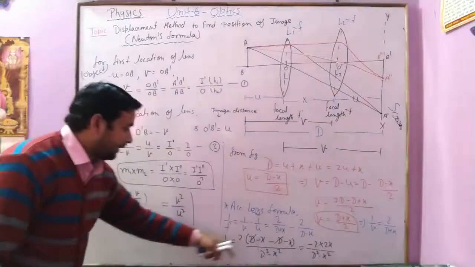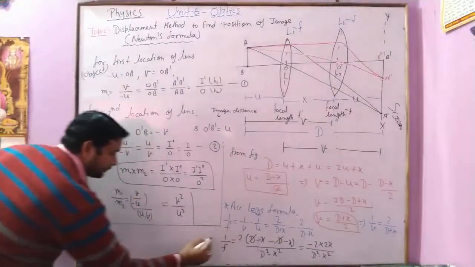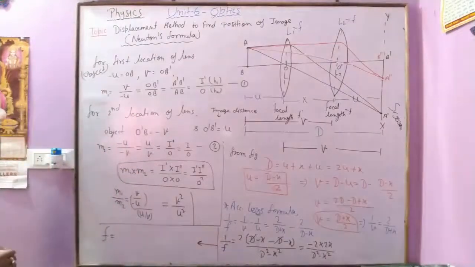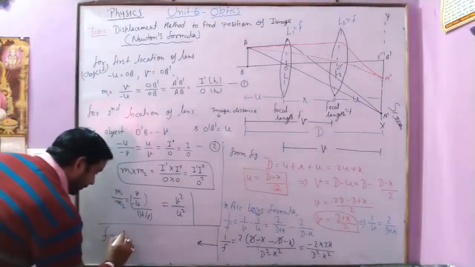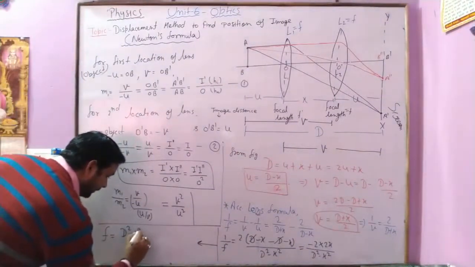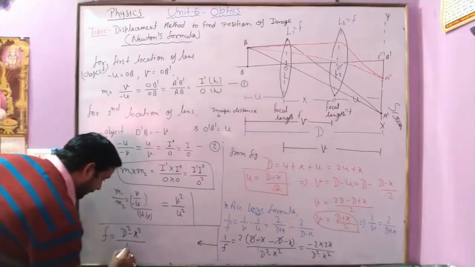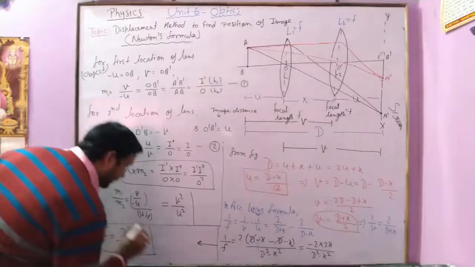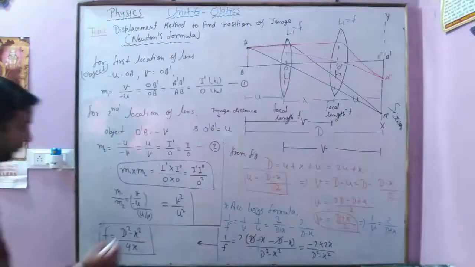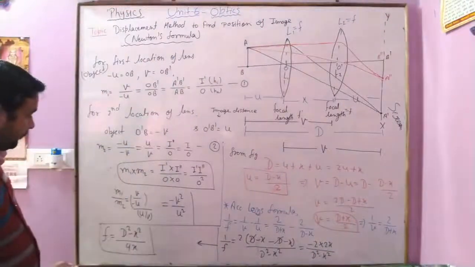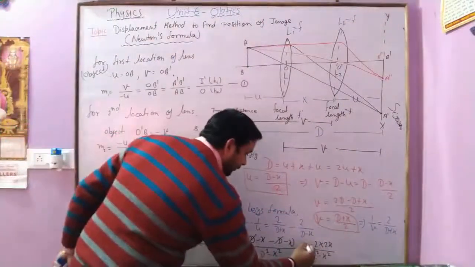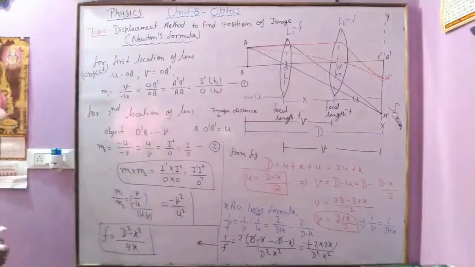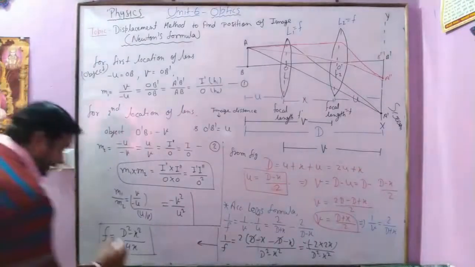By taking the reciprocal, f is equal to d square minus x square upon 4x. Here we have a negative also, so this negative cancels and we get the positive result. This is the required formula.